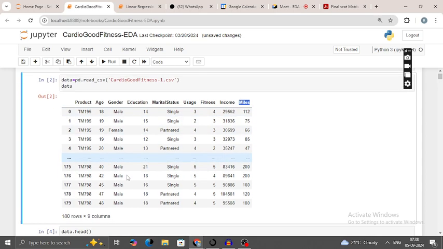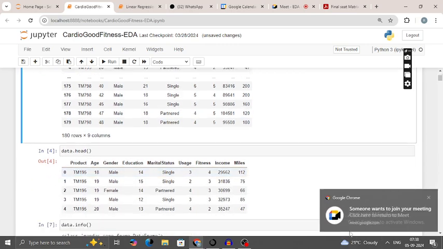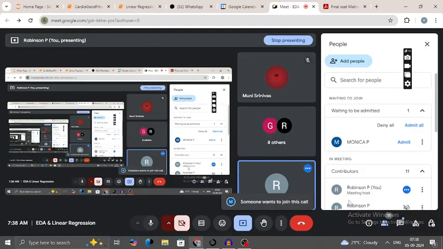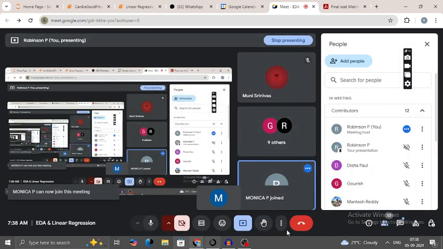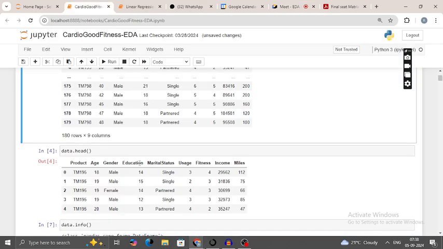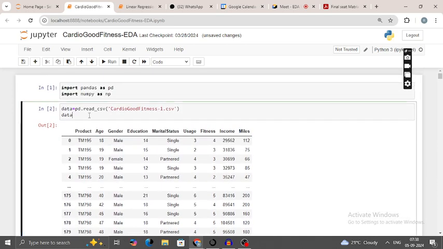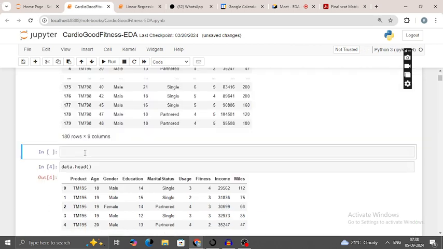So let it be. In case of your cardiovascular fitness, you just want to look at the data, how it is looking. You just want to see what is there.